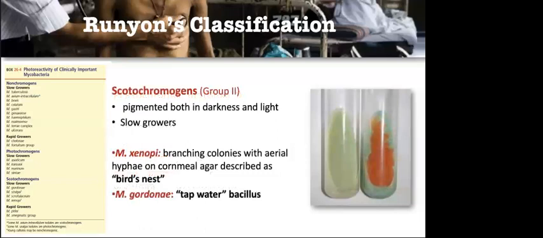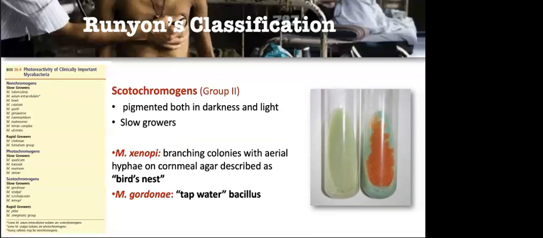And then we have the second group, which are the scotochromogens. This group can produce pigment both in light and in dark. But they're slow growers. Group 1 are also slow growers. So, this includes Mycobacterium szulgai. It is isolated in hot water tubings in the hospital.